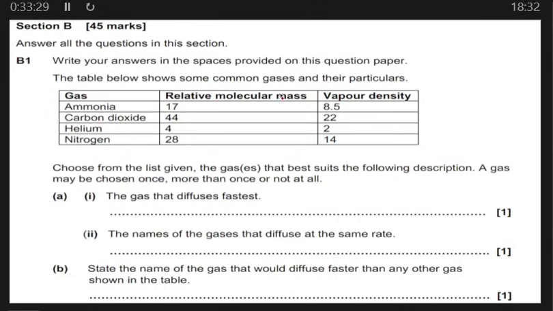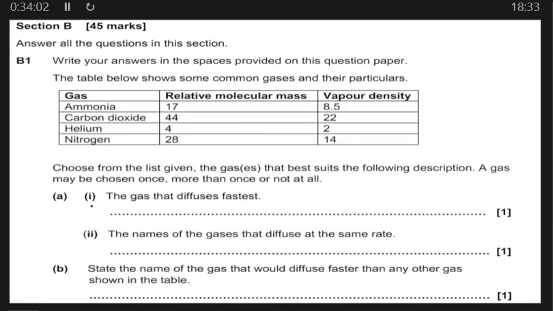Then relative molecular mass: for ammonia 17, for carbon dioxide 44, for helium 4, for nitrogen 28. Then vapor density: for ammonia 8.5, for carbon dioxide 22, for helium 2, and for nitrogen 14. Then the question says, choose from the list given the gases that best suit the following descriptions.